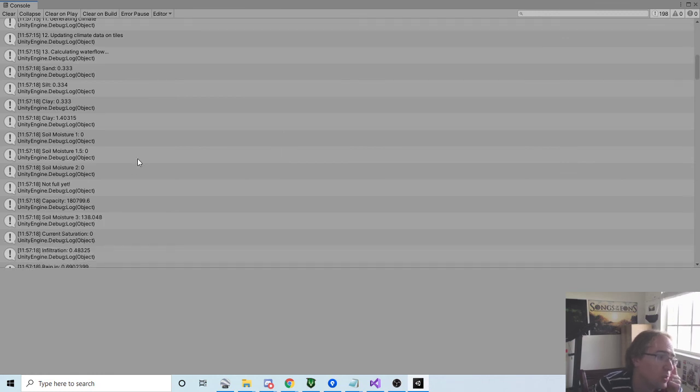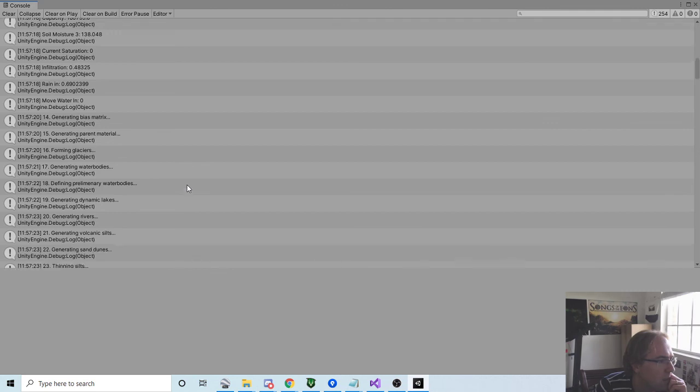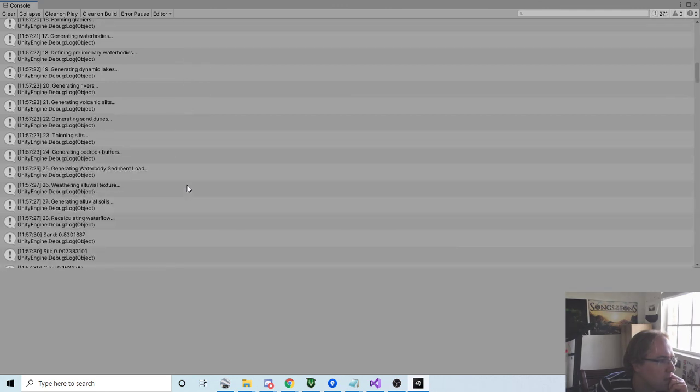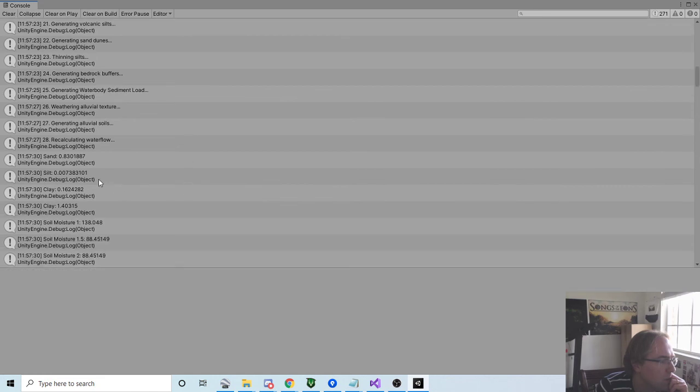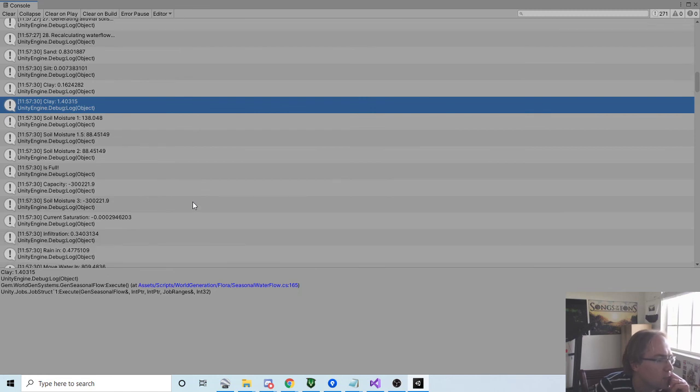Okay, so this was the first one. Clay. Weathering alluvial, blah, blah, blah. Sand, silt, clay. I guess we just have bad rainfall at that moment.